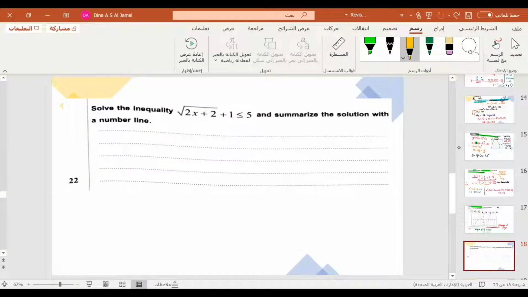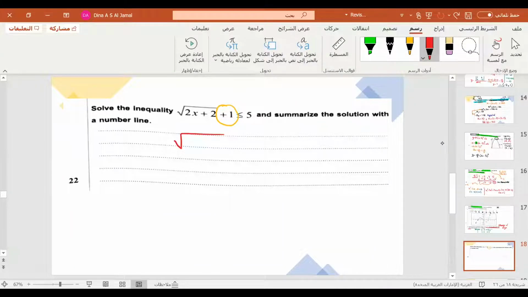Now let's solve this together. Whenever you would like to solve the inequality and you have a radical sign, what you need to do is move the other term to the other side and keep the radical alone.